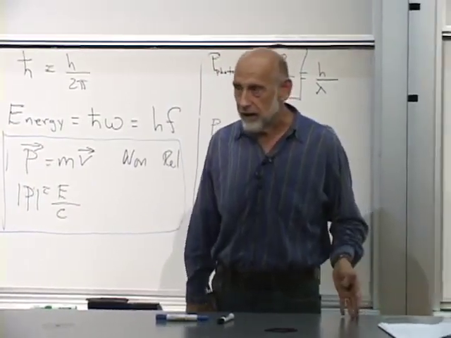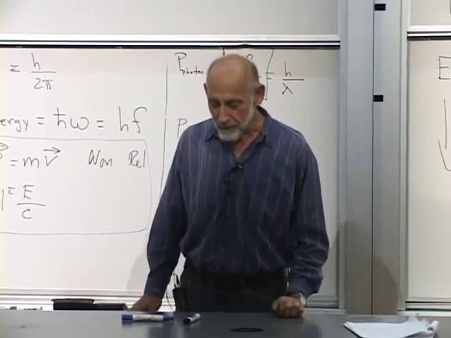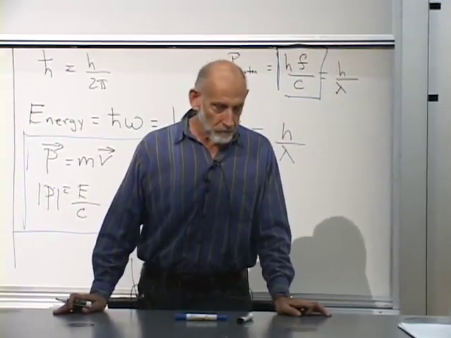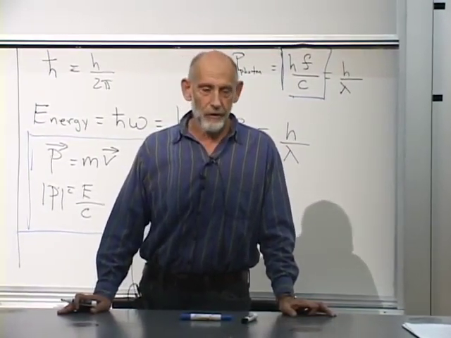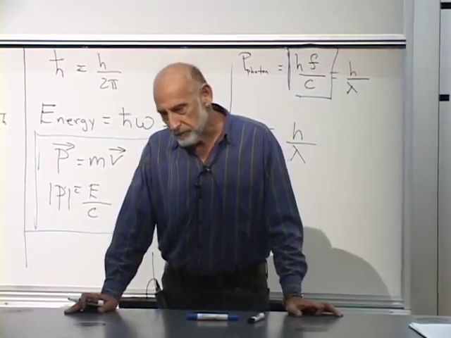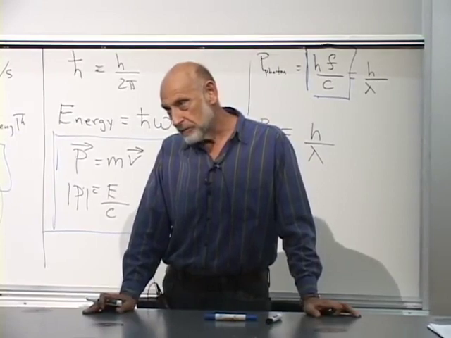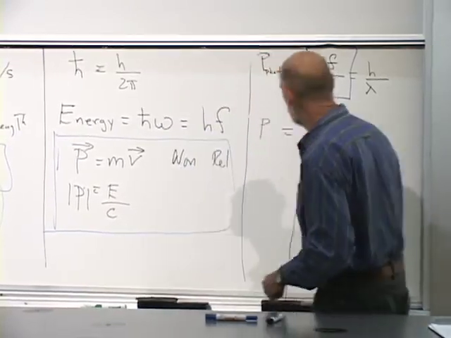Yes, you can, but it won't be the velocity of the electron. It would be the velocity of the probability wave or whatever. Well, there are two velocities that go with waves. One of them is called a group velocity, one of them is called a phase velocity. All right, I'll be specific, since you asked me.